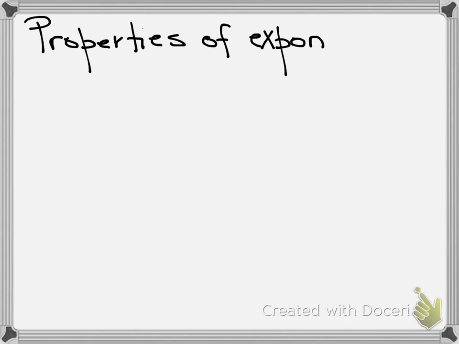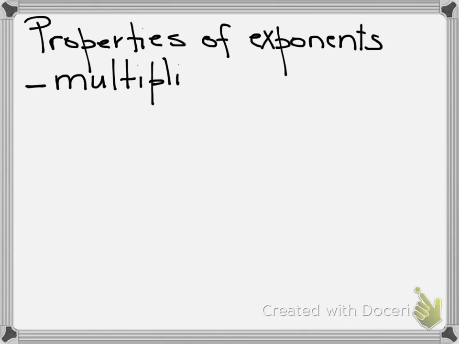Now, let us look at properties of exponents. In doing so, we're going to focus on multiplication. All right? So, let us see what we have here. If we have 2 terms that are being multiplied by each other, where they have the exact same letter, you do not worry about their exponent because we're not adding.